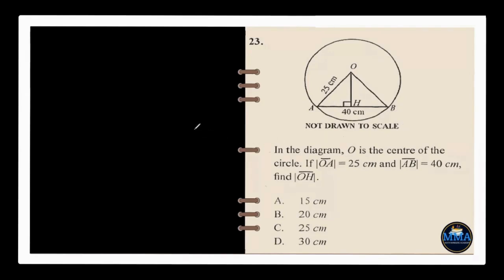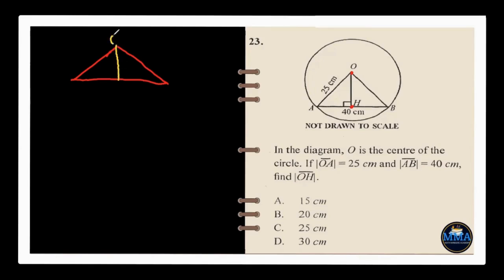Find the length of the line segment OH. So OH is from O to this place. So let's draw that triangle.